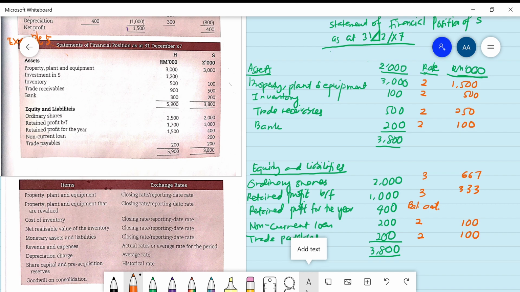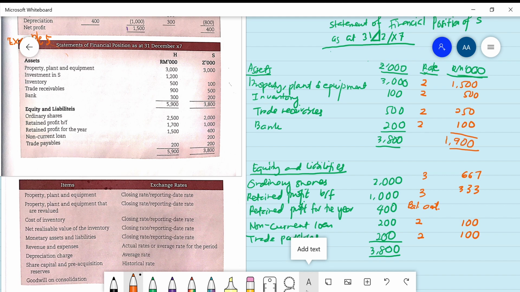If you total everything up, 1,500 plus 50 plus 250 plus 100, that is 1,900.